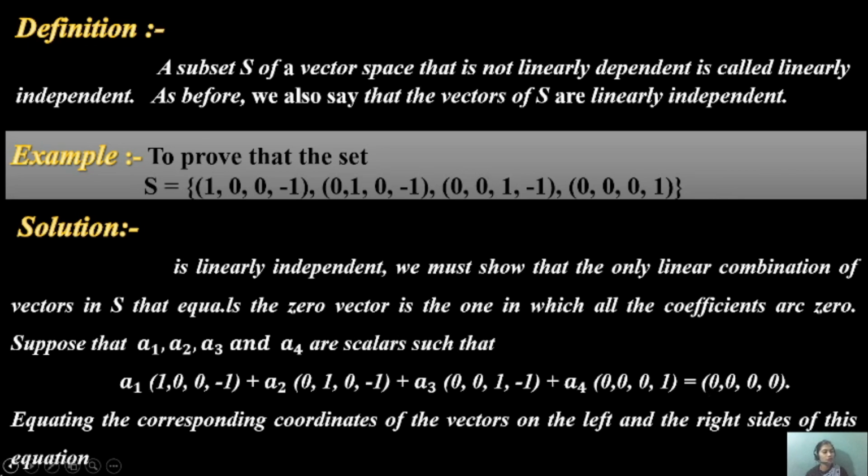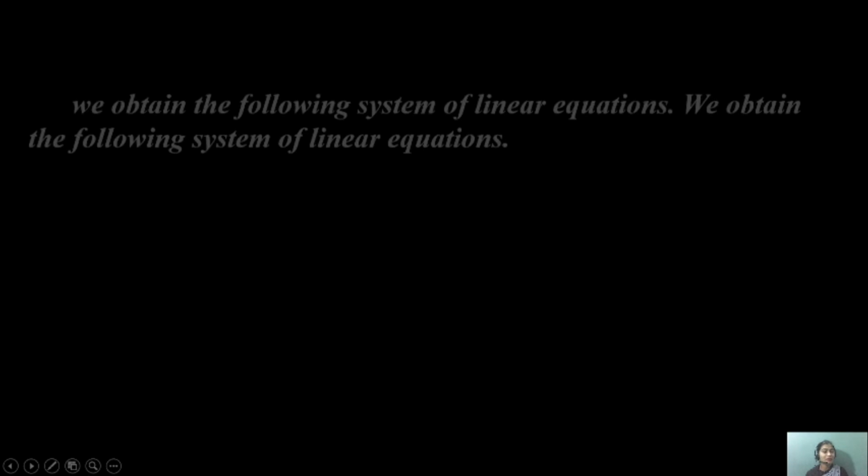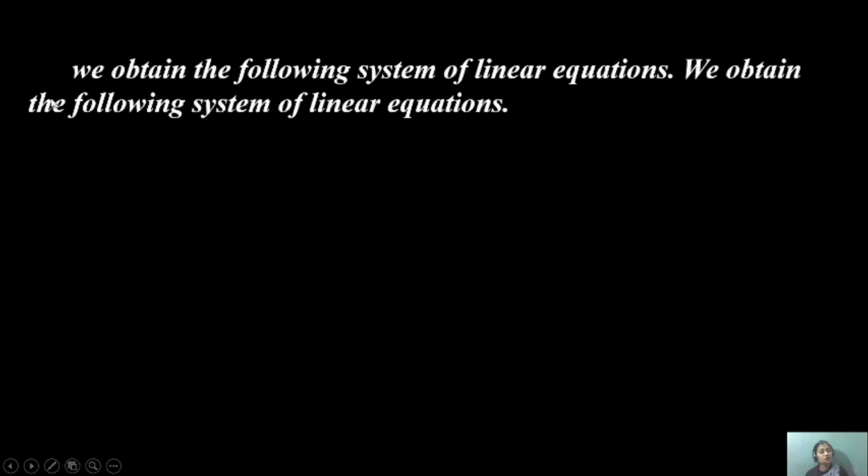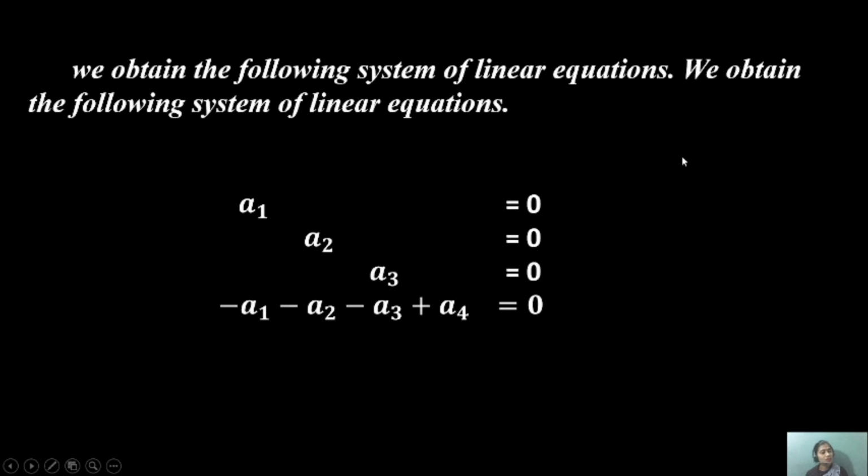Equating the corresponding coordinates of the vectors on the left hand side and right hand side, we obtain a system of linear equations: a1 = 0, a2 = 0, a3 = 0 and -a1 - a2 - a3 + a4 = 0.